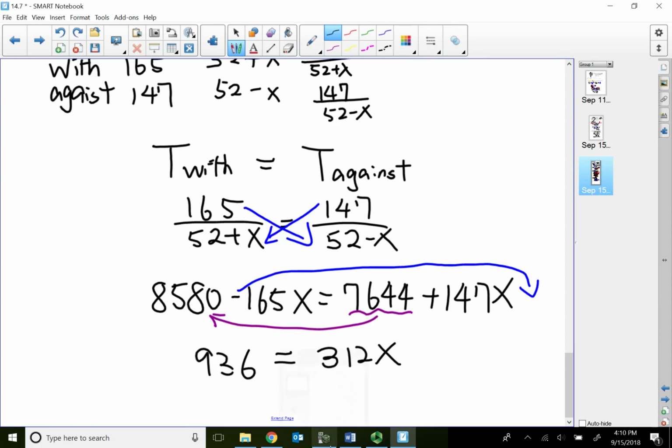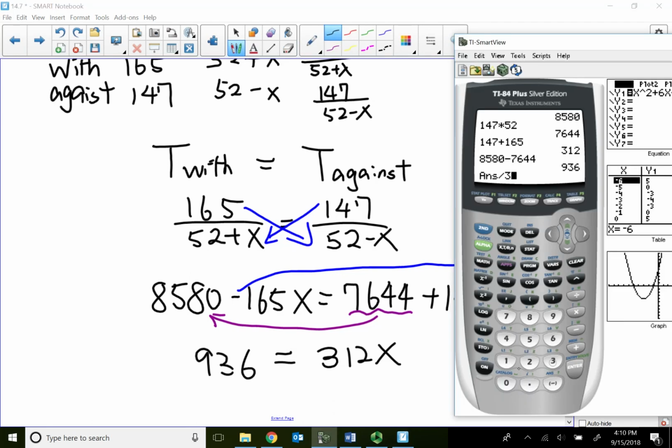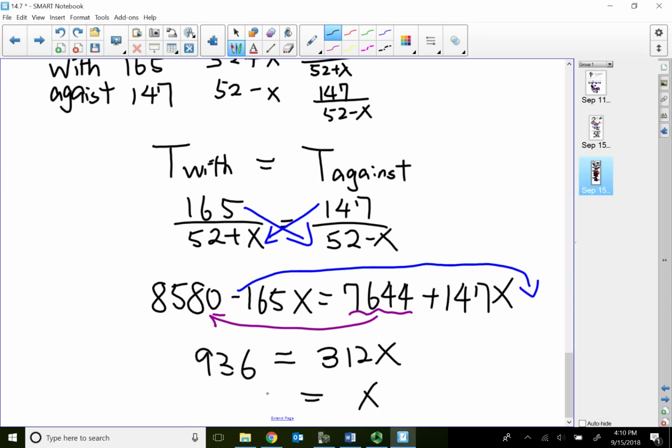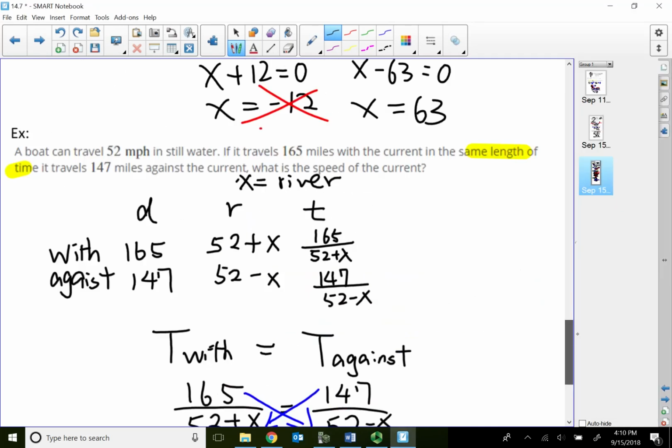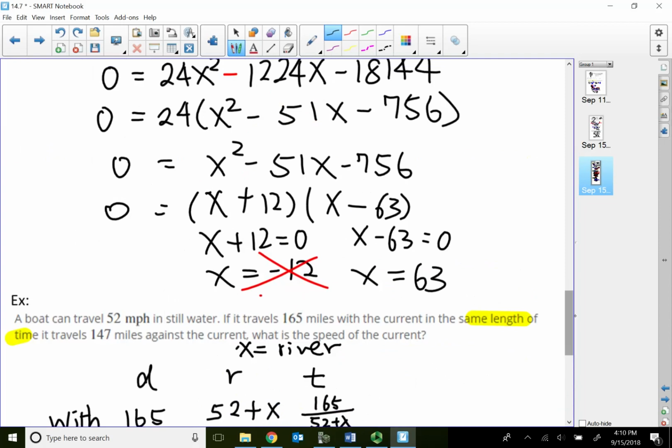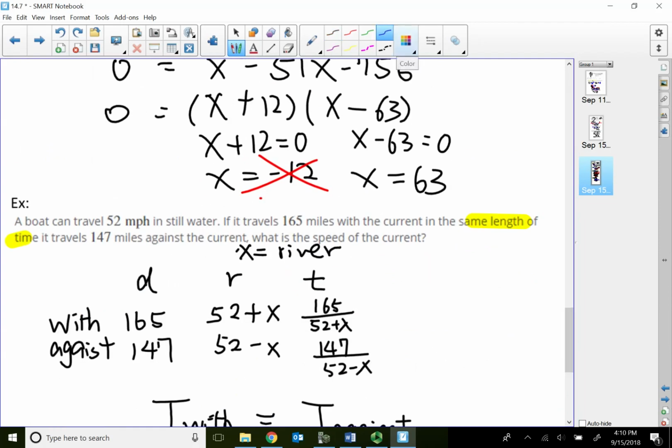Divide both sides by 312. So x equals 3. That means the speed of the current, which is what the question is asking, is 3 miles per hour.